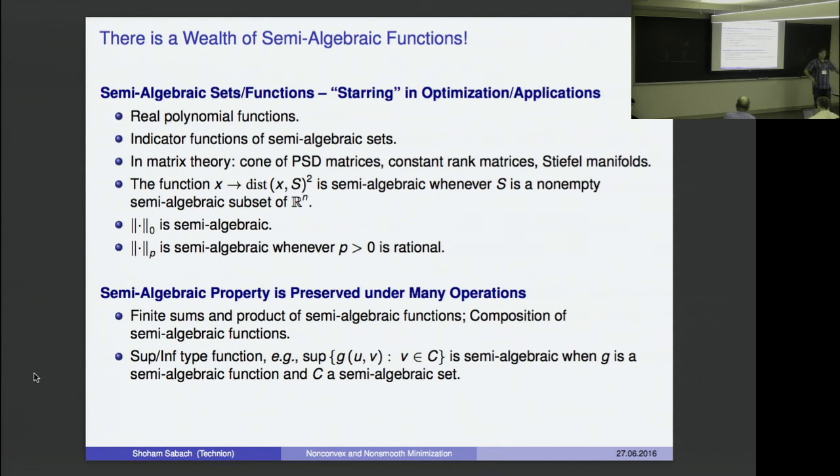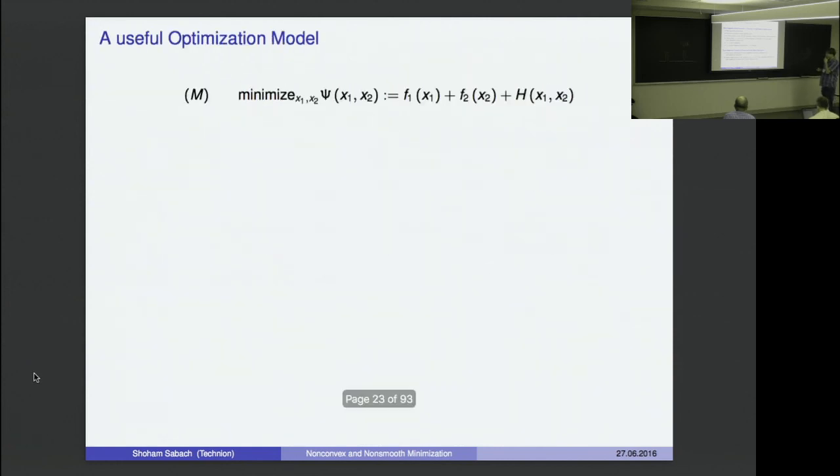So you can take sums of such functions, products, and so on and so forth. As you can see, we have a very vast collection of semi-algebraic and therefore KL functions for which you can use the general framework. And I will show you examples later on in the applications, so you will see that indeed we can capture a lot of important applications.